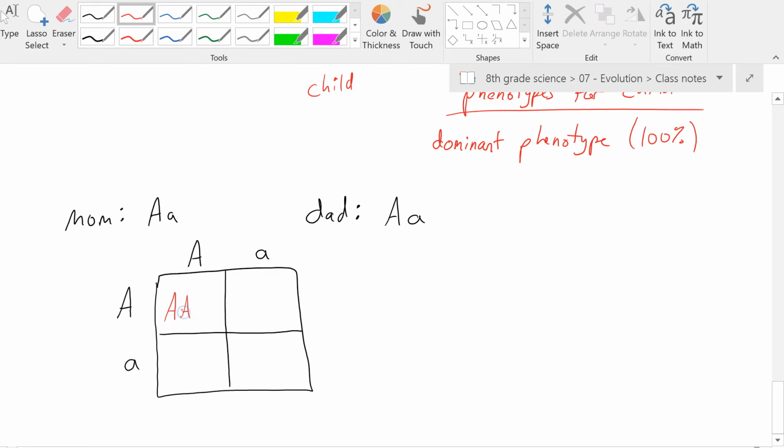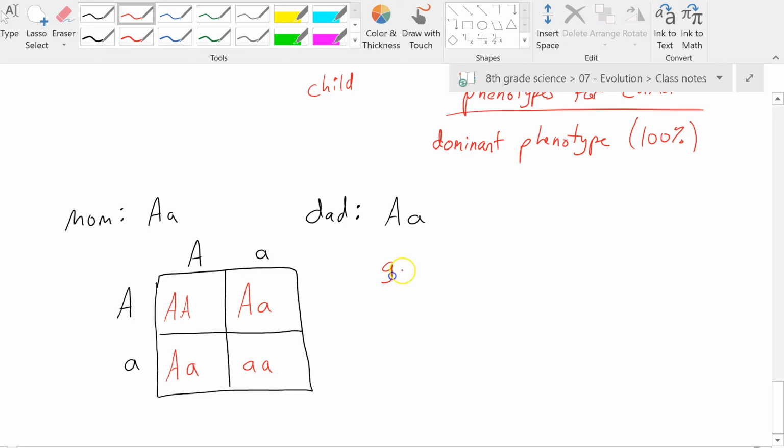We have big A, big A. Here, little a from dad, big A from mom. We always do the big A's first. Big A, little a. Here, big A from dad, little a from mom. Do the big A first, big A, little a. And here, little a from dad, little a from mom, little a, little a.